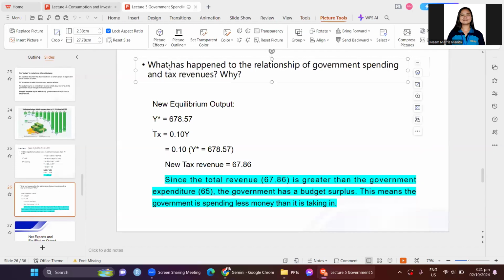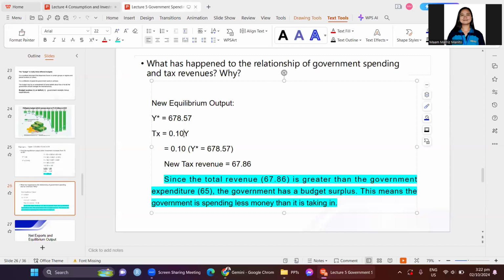And then from that new equilibrium output, 678.57, we can answer the next question. What has happened now to the relationship of government spending and tax revenues? So we will calculate tax revenues. This is also given na. So 0.10, you multiply that to the new equilibrium output, 678.57. The new tax revenue will be 67.86.